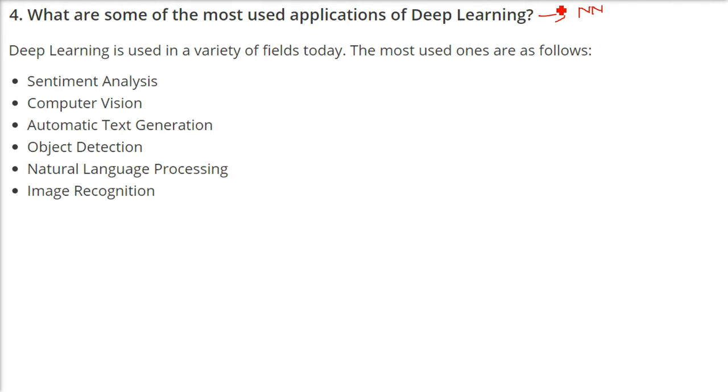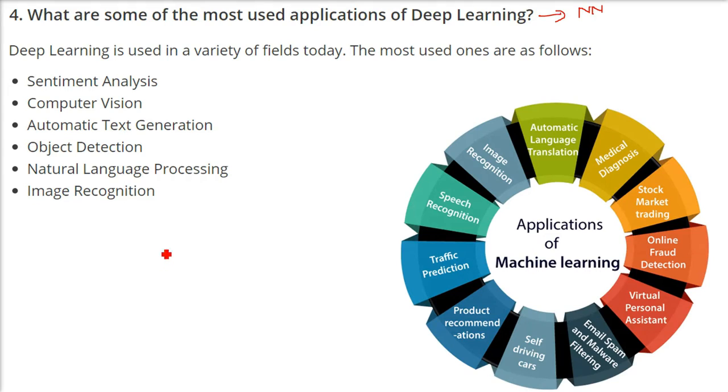What are some of the most used applications of deep learning? Whenever deep learning comes, you have to just think about the neural networks. There are a variety of fields today. We have the applications of machine learning also, just for your understanding, and the applications for deep learning also. If this question comes for machine learning, you can give the image shown.